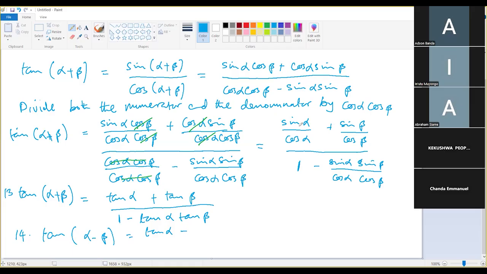Remember that the sign of tan beta changes, so you have the tangent of beta there, and then you divide by 1 plus the tangent of alpha times the tangent of beta.